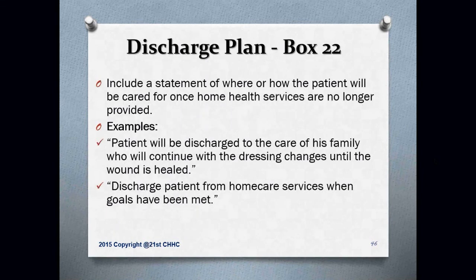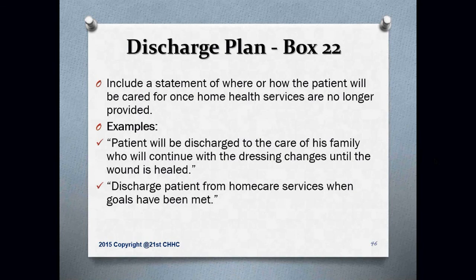Box 22 also is your discharge plan box. Again, you want to include statements there on when you expect for the patient to no longer need home care services. And I've given you some examples of what's going to happen with this patient once you stop home care services.